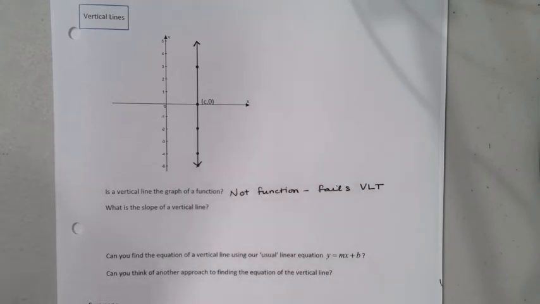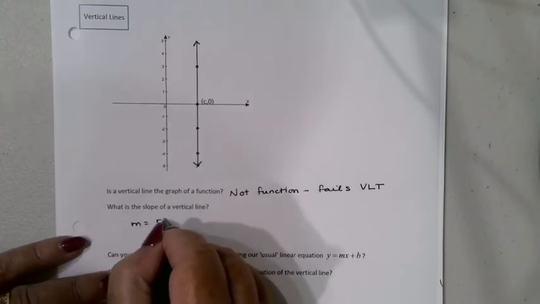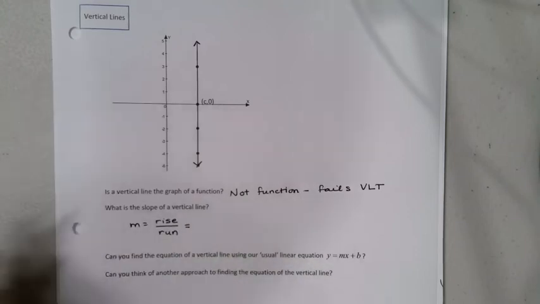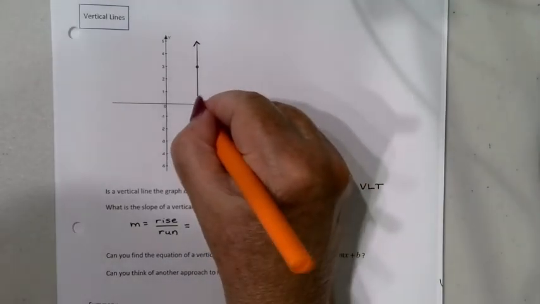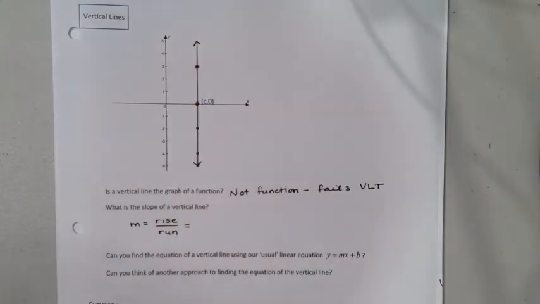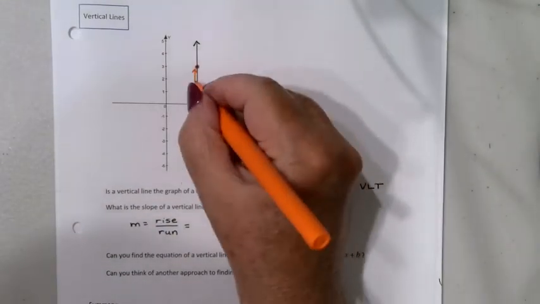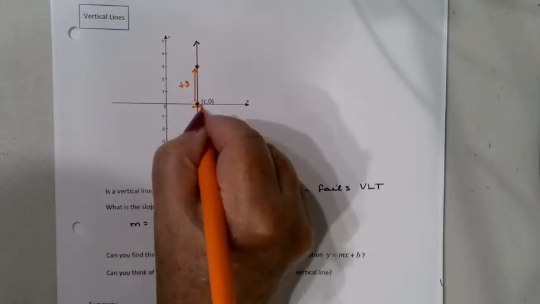What can we say about the slope of a vertical line? Let's think about rise over run again. If I go from one point to the other, I'm going to pick those 2 points. I'm going up 3, but I'm not going left or right at all, so I'm going over 0.